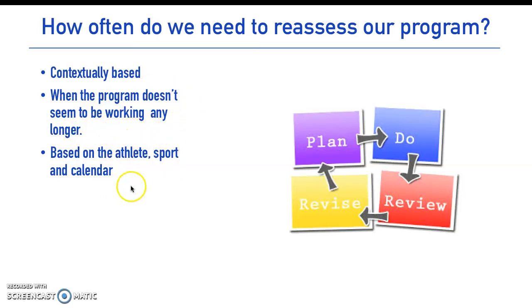We need to reassess either the program or the athlete. We need to reassess the idea of why it's not working for that person in particular. And then we review, we revise, and that's when we plan again, right? We plan to make sure that that athlete in particular can do it, and then the circle starts over.